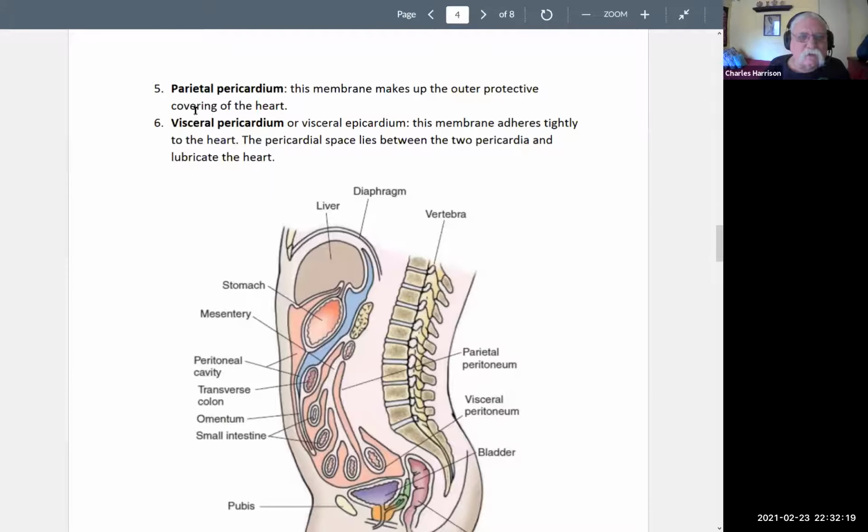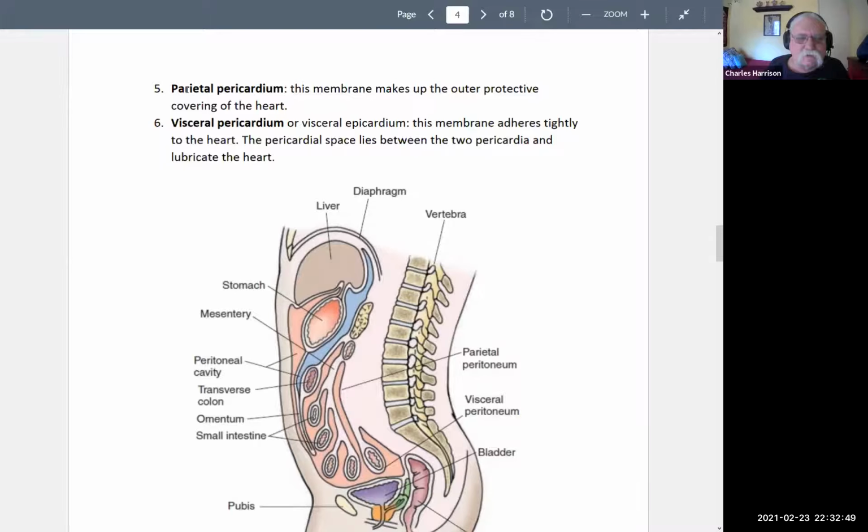The parietal pericardium. If you could reach in and grab somebody's heart, it would be covered with a fairly loose, tough but thin membrane, and that main membrane would be movable. That's the parietal pericardium, the outer protective covering of the heart.